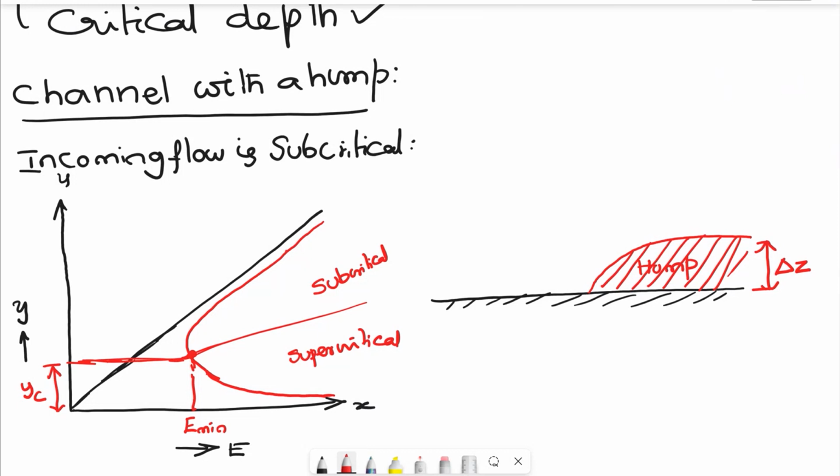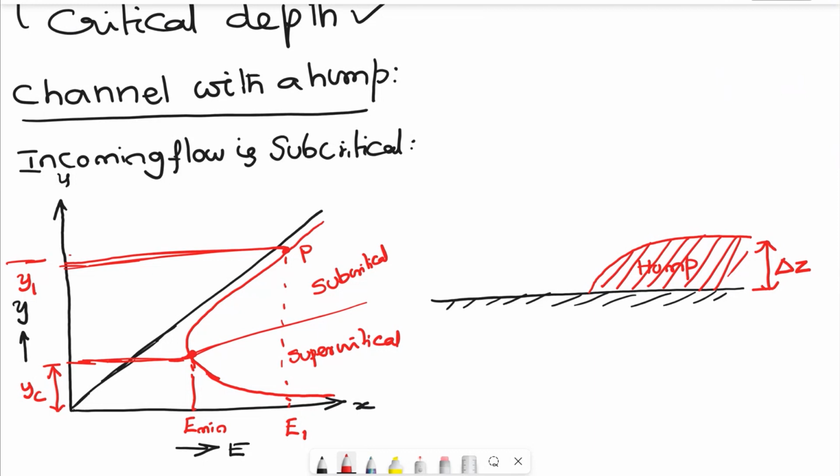Let us assume that this is the depth of flow. Initially, I call it some P. So at P, the depth of flow is Y1, and corresponding to this, the specific energy is E1.